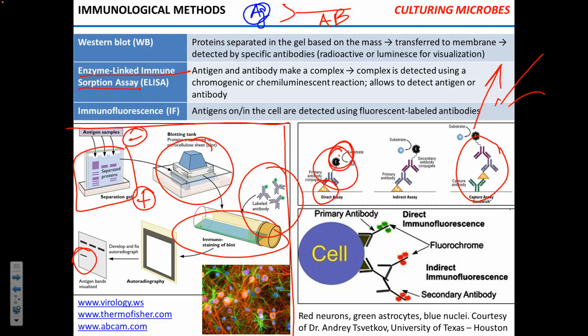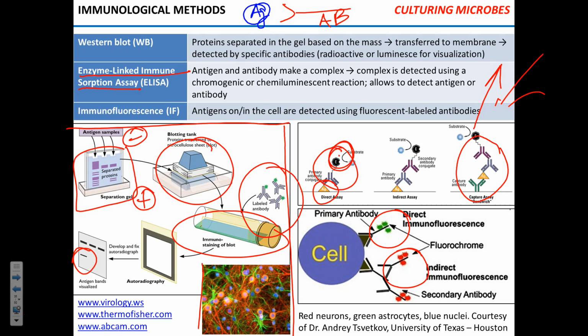Sometimes immunofluorescence is used. Immunofluorescence is great if you have a tissue sample, a blood sample. So you don't even have to culture. Just have a sample, you add antibody, they stick to the antigen on the surface of the cell, and they light up. You can have different colors.